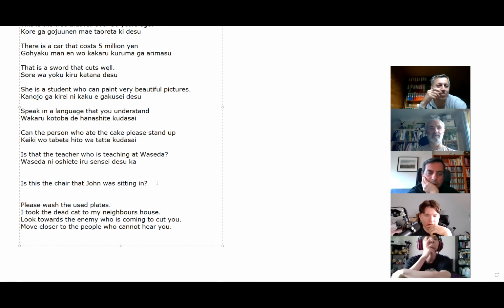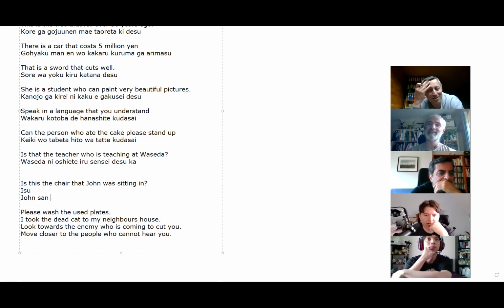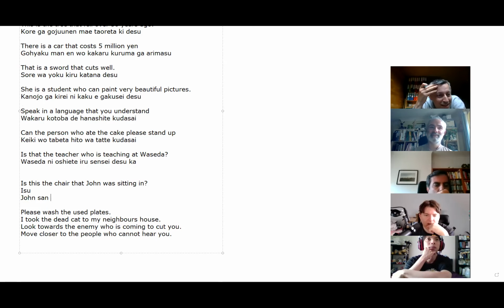The chair is isu, so John's must come. So John san, ni suwatta. If you say John san ni, you've marked John as being the position rather than the person. The seat is a position. So just John.